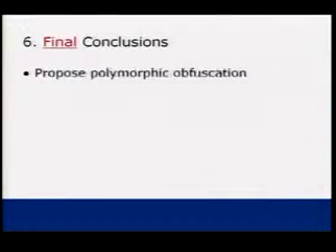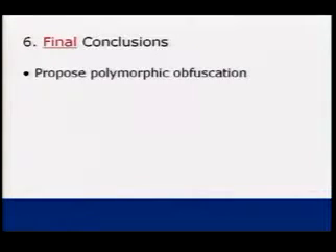Now, in terms of providing a problem, which I think I'm doing here, you can also provide a solution. And the solution to this space is, it's an idea, I think it will have a lot of potential, maybe it's early days for this, is the proposal to use polymorphic obfuscation. What's polymorphic obfuscation?